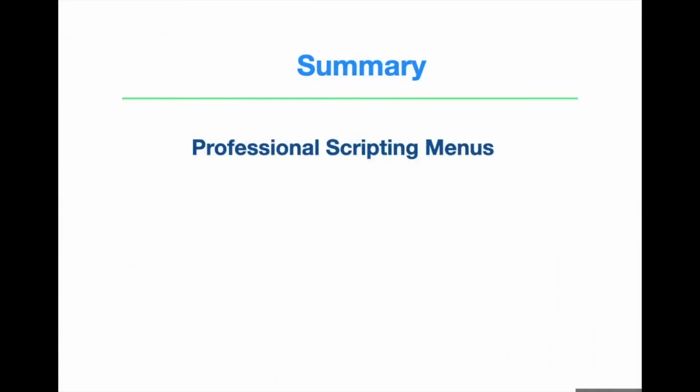Let's summarize what we have learned in this module called the application of professional scripts. Here we have learned how we can write menus in the shell script, how we can wait for the menus in the shell script, and the way we can modularize scripts so that there is less repetition of code and a more effective way of managing the scripts.